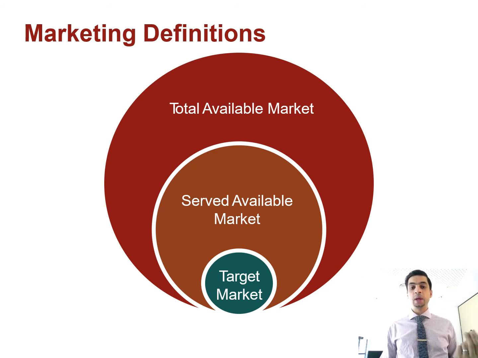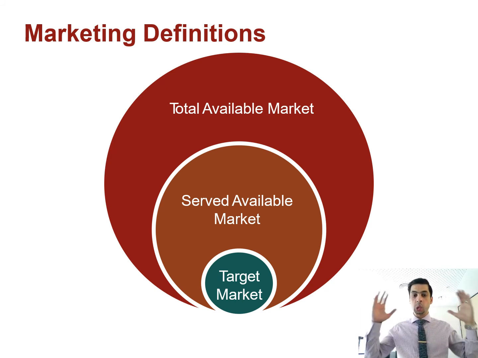You have developed this medication for this illness, and this illness exists in all of the regions in the world. However, that's your total available market. Your served available market, let's say 1% of that will be those that know of your product, and then you will have 1% of your served available market, and that is who you're going to initially target.